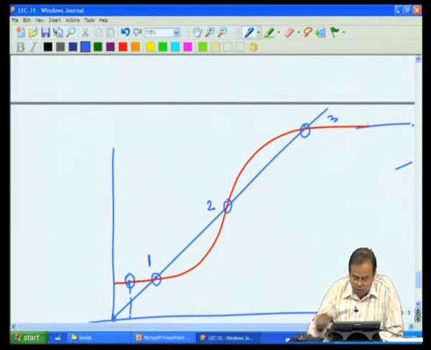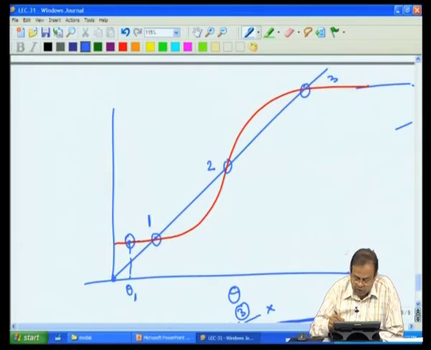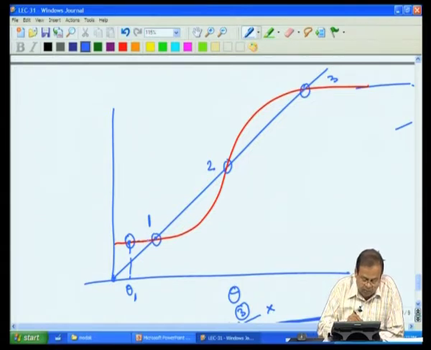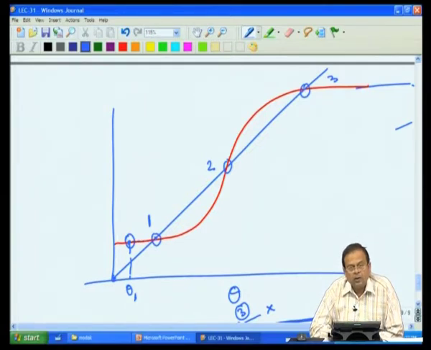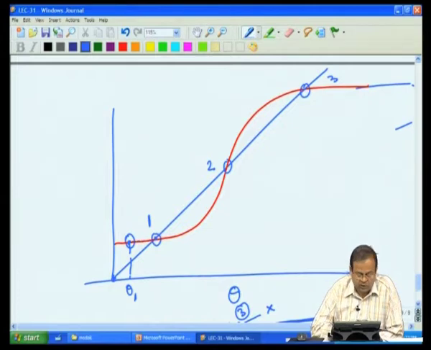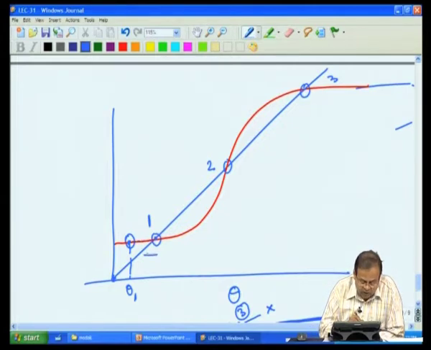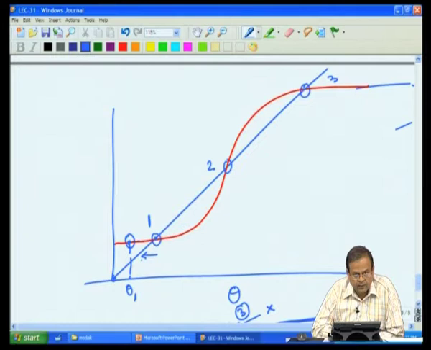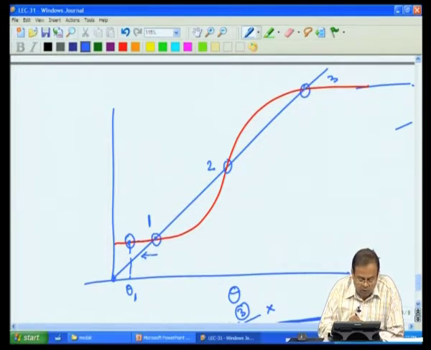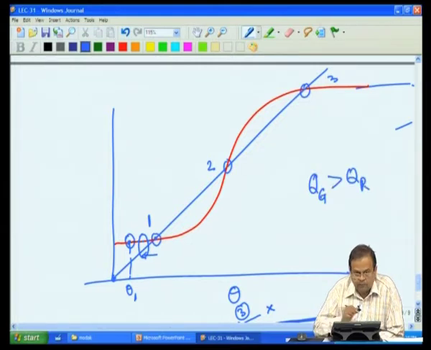Okay. So, this is my temperature versus this QG curve, and let us say that from this particular steady state I am slightly away from that steady state in this direction. If I am away from this steady state in this direction, what do I see here? If you focus on this, I see that QG is greater than QR.